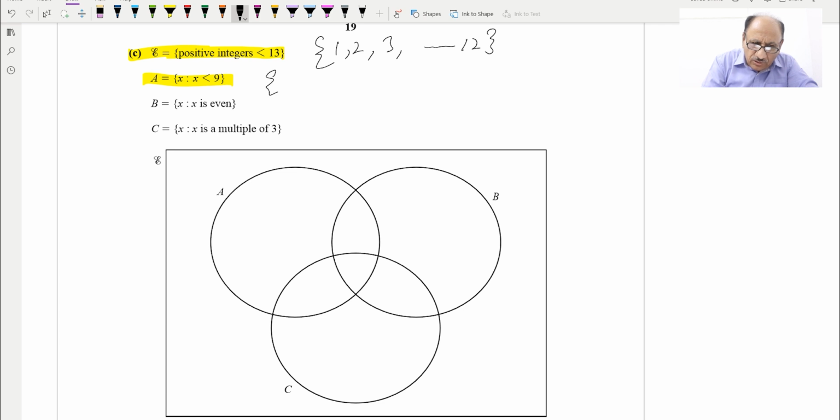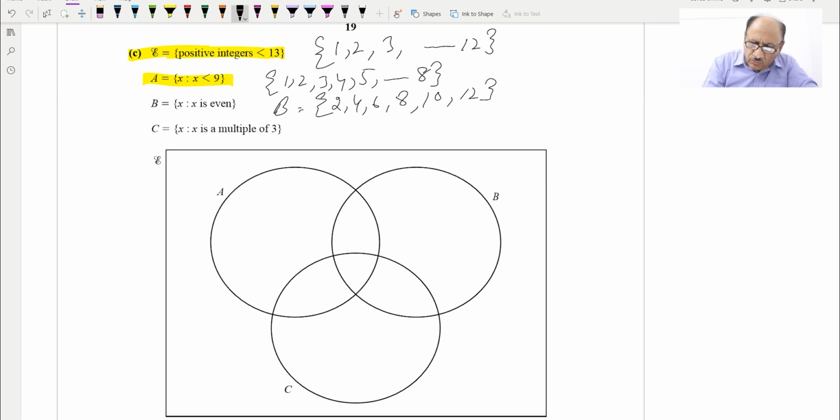So 9 is not included: 1, 2, 3, 4, 5 up to 8. So this will be our A set, and B will be what? B is even numbers. So this will be 2, 4, 6, 8, 10 and 12.